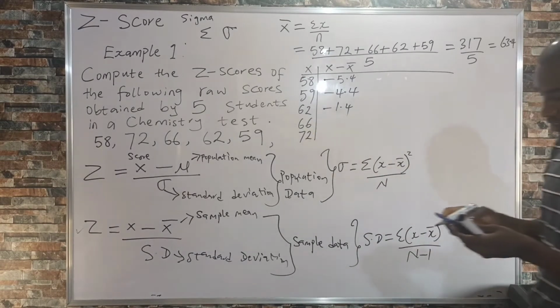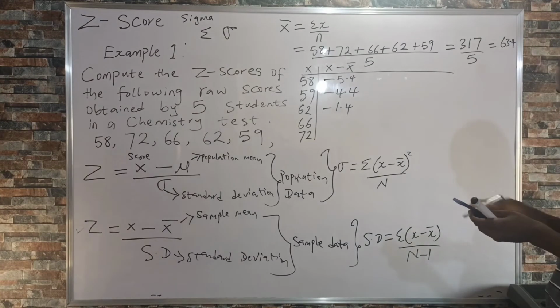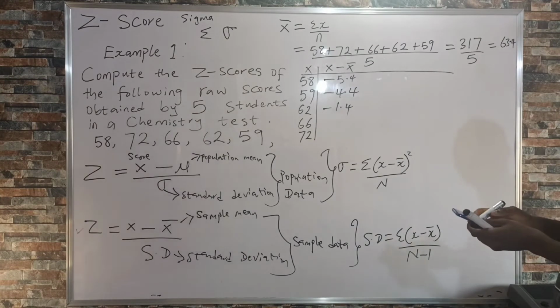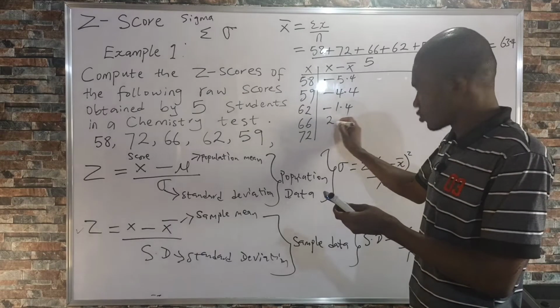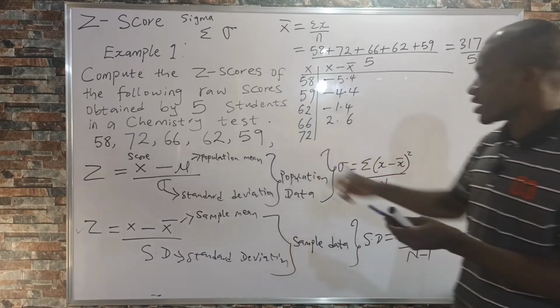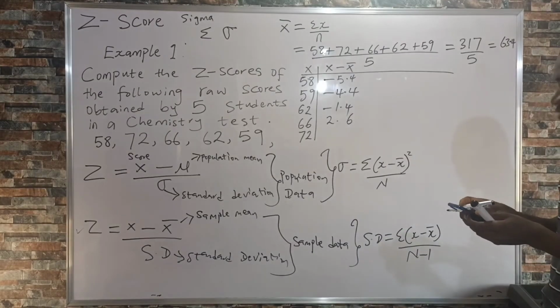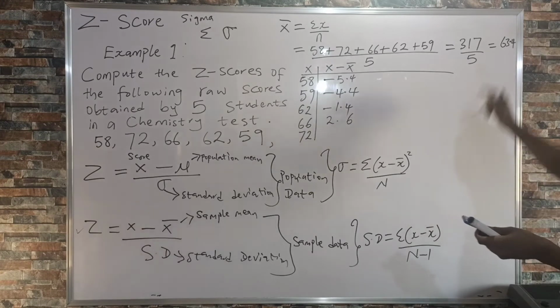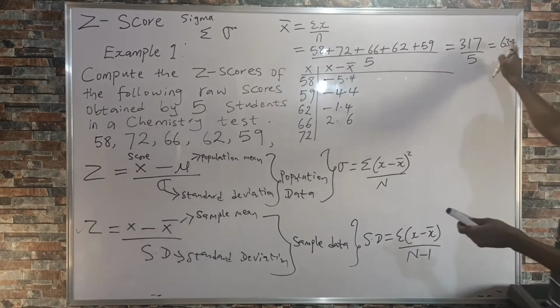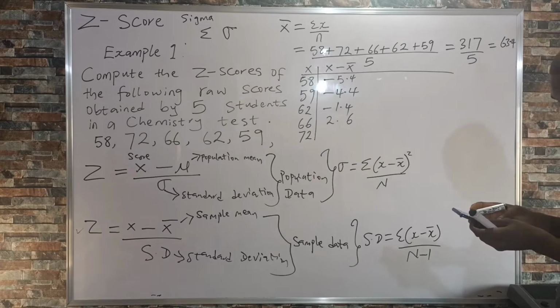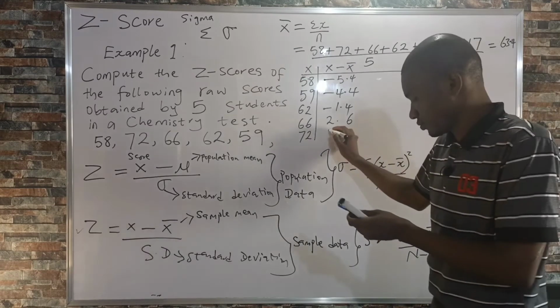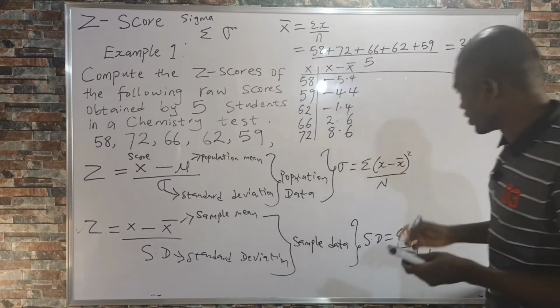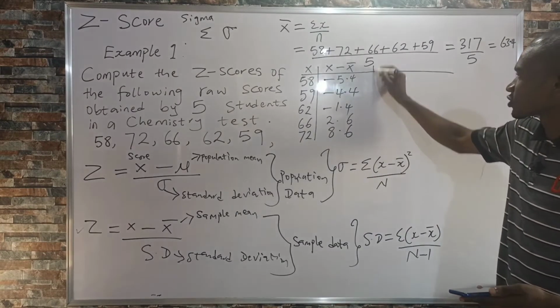The next one is 66. So 66 minus 63.4 gives me 2.6. Then the next one is 72, minus our mean 63.4, which gives 8.6.